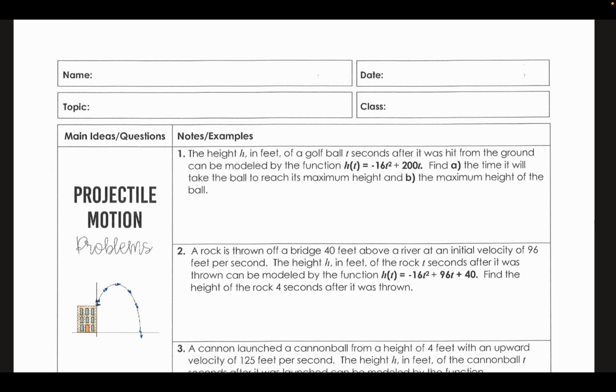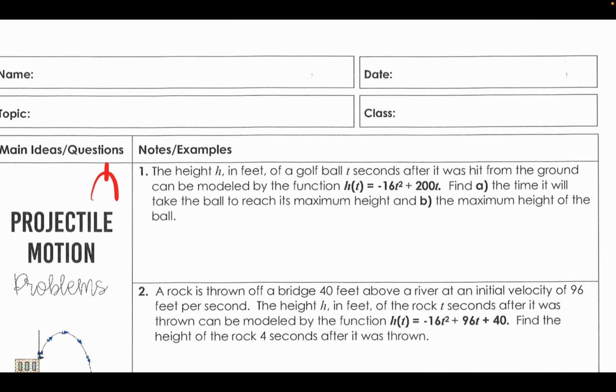So keep in mind that it's going to once again follow this basic arc. And if we're trying to find the maximum height and the time it'll be there, we're trying to find the vertex. And so we're really just doing the negative b over 2a. In this case, instead of x equals negative b over 2a, it's going to be t equals negative b over 2a because it's t instead of x, t for time.